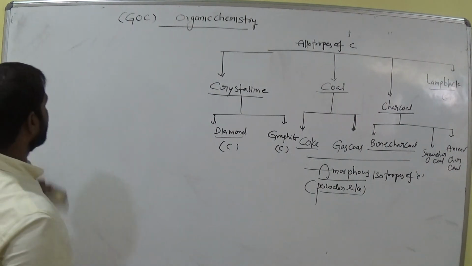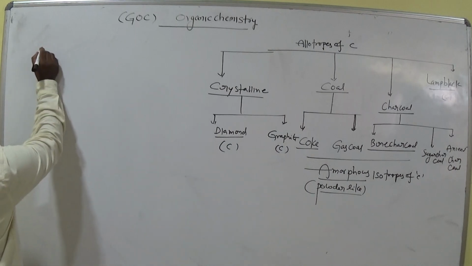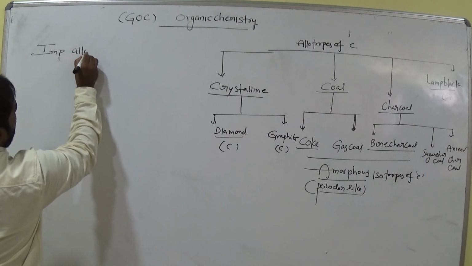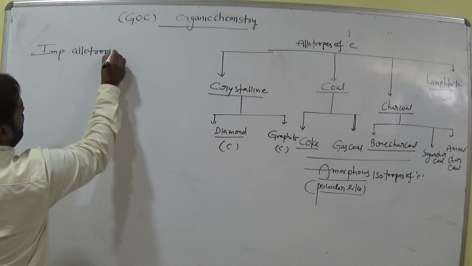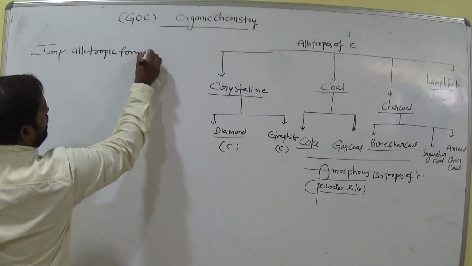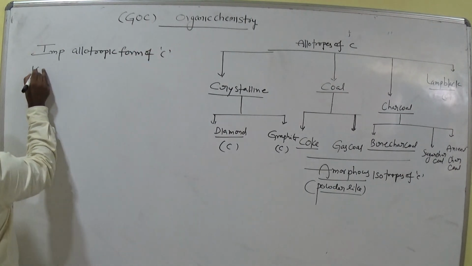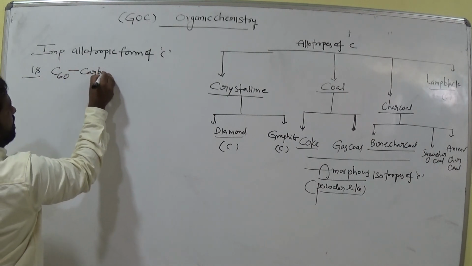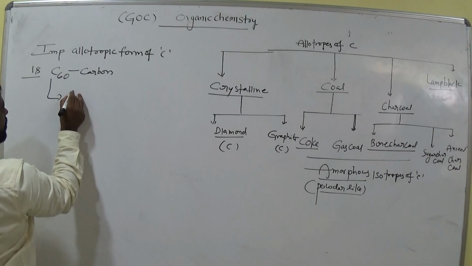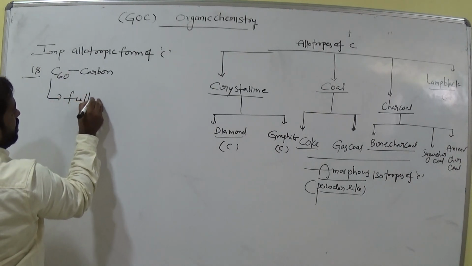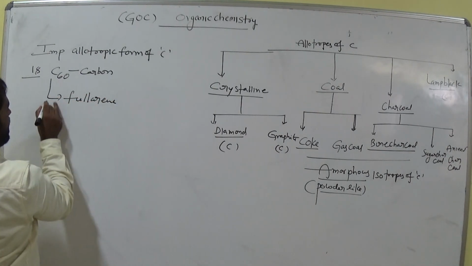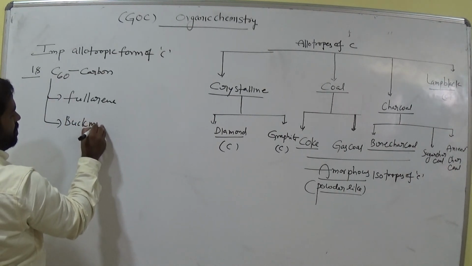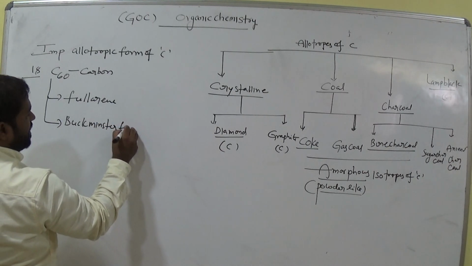Now the third important allotropic form of carbon is C60 carbon. We call it fullerene. Another name is Buckminster fullerene.